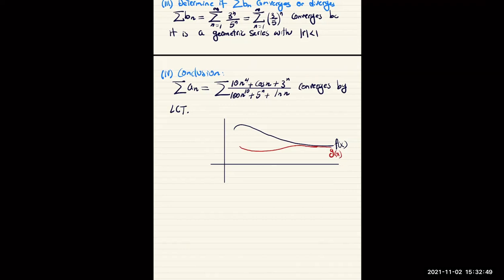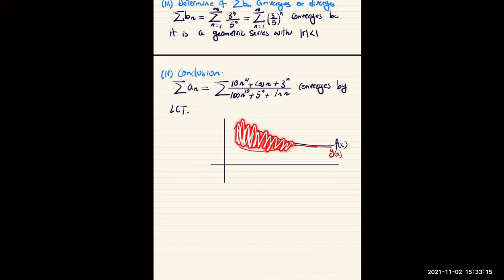All right, and if you look at the integral under these curves, if the integral under g of x is convergent, then this integral has to converge also. Okay, because the difference between the two integrals is basically this much.